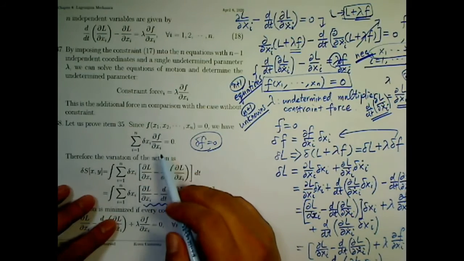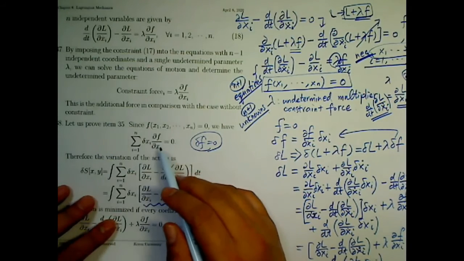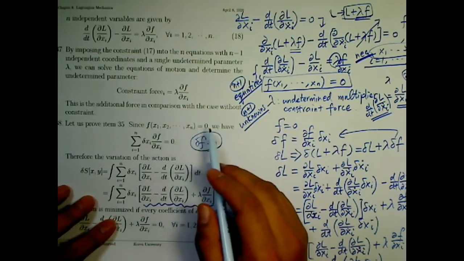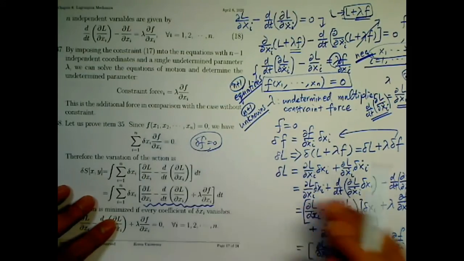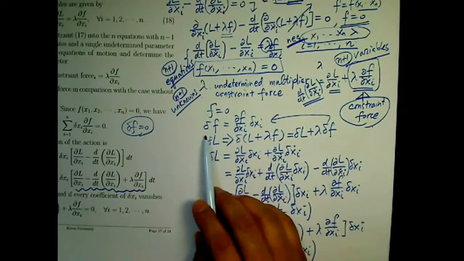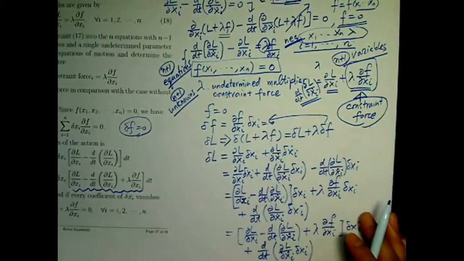But this one is exactly 0 because even before the variation, regardless of variation, it is absolutely 0 for any combination of x1 to xn. Therefore, this variation should be 0.